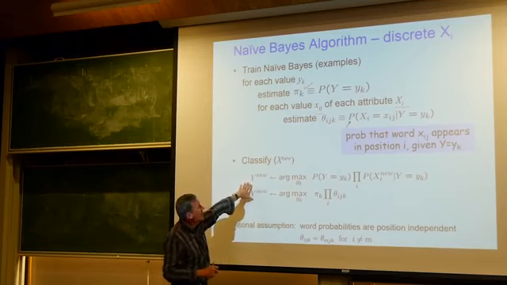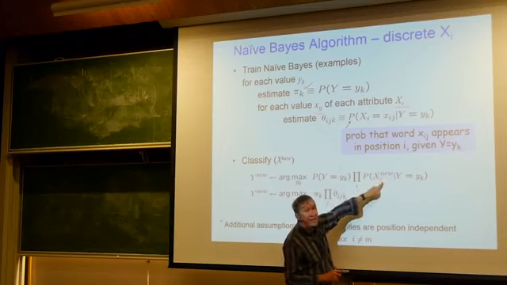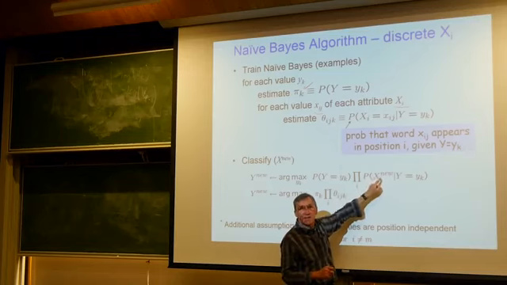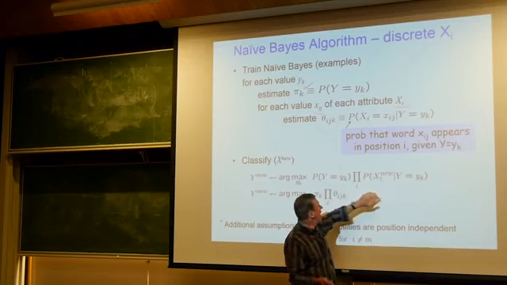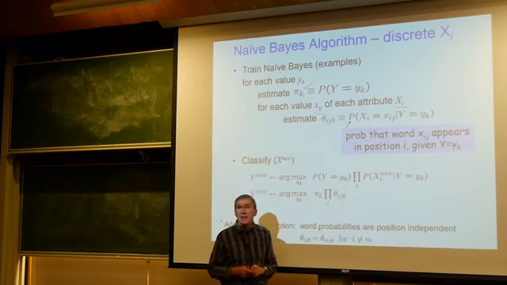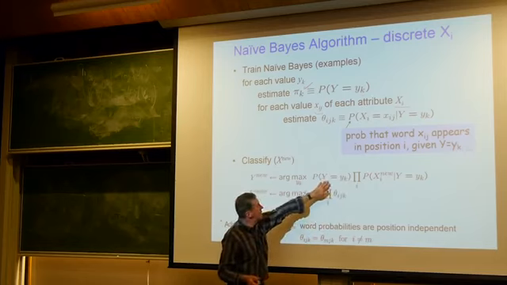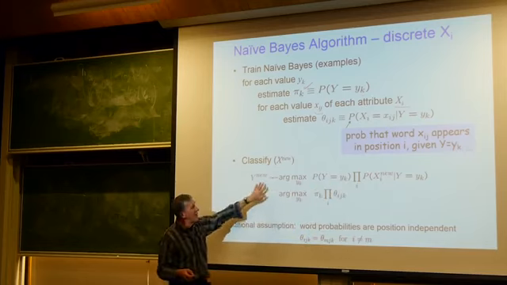And now, if we want to classify a new document, we just have to look at the values of the words in its bag of words and calculate the probability that we'll get those observed values times the prior, and then take the Y that maximizes that.